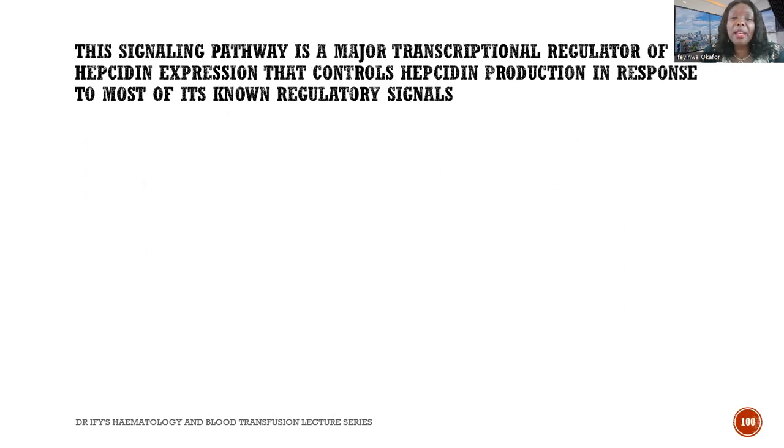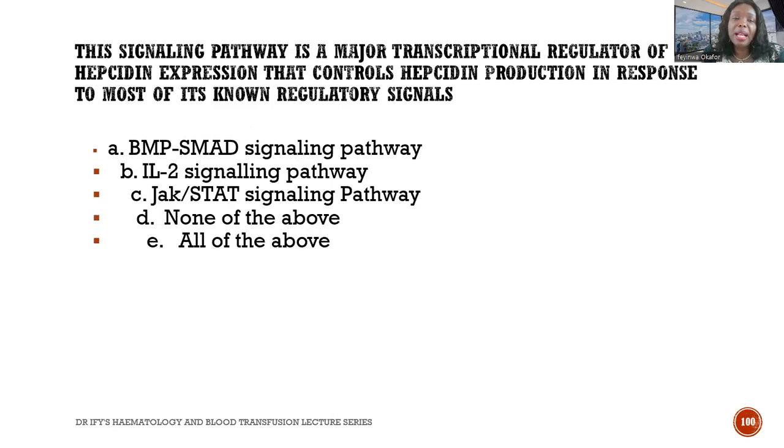This signaling pathway is a major transcriptional regulator of hepcidin expression that controls hepcidin production in response to most of its known regulatory signals: the BMP-SMAD signaling pathway, interleukin-2 signaling pathway, JAK/STAT signaling pathway, none of the above, all of the above.